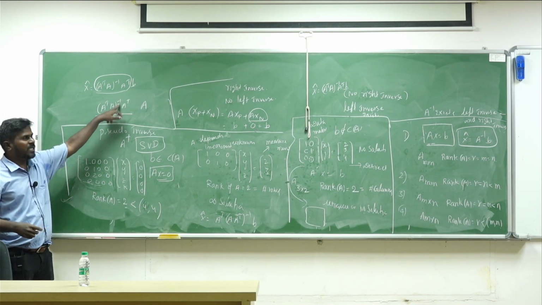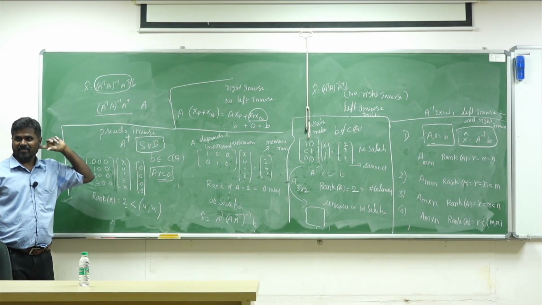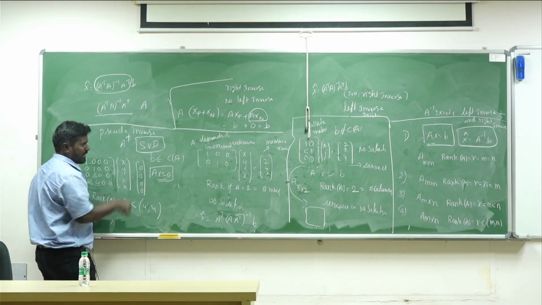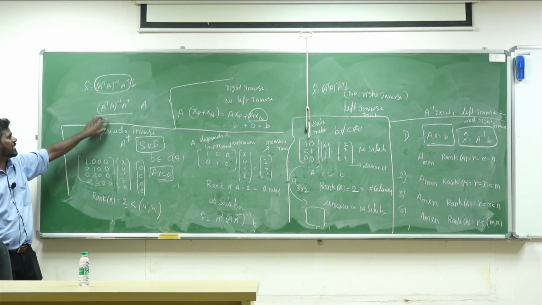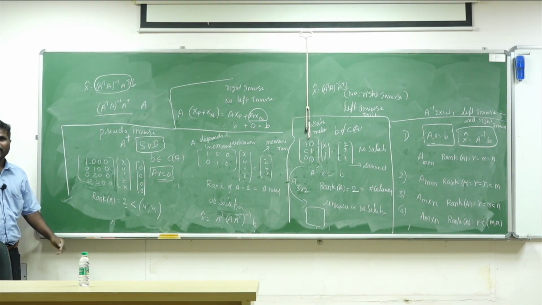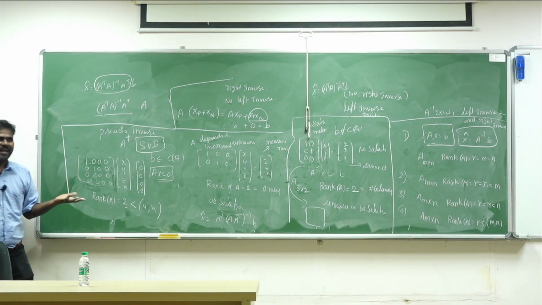A transpose A inverse A transpose A. Of course, we have to make one more assumption, that they should be invertible. For this case, this is invertible. Now A transpose A inverse A transpose A is the identity, right?